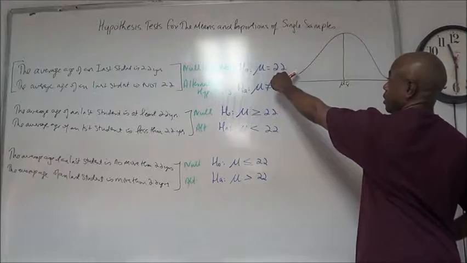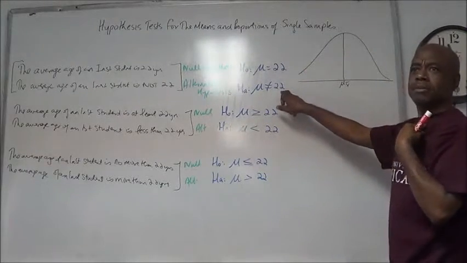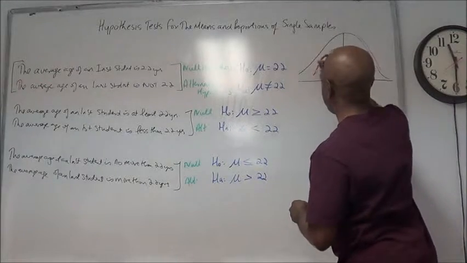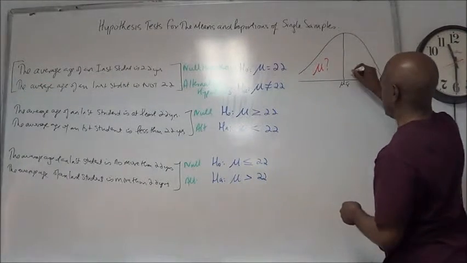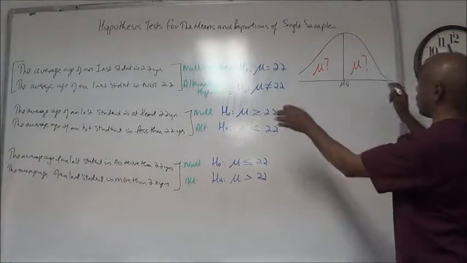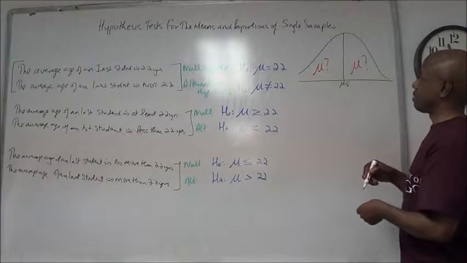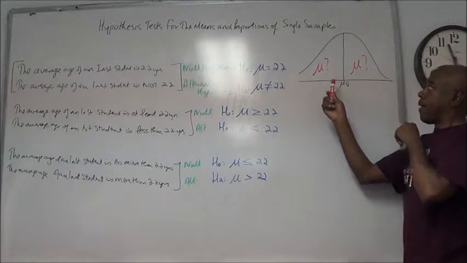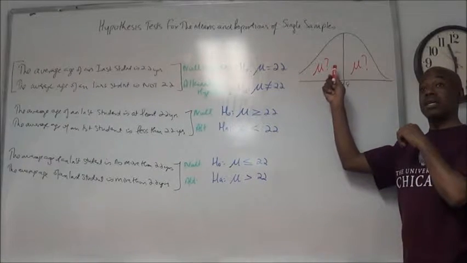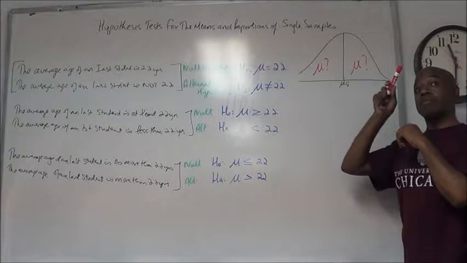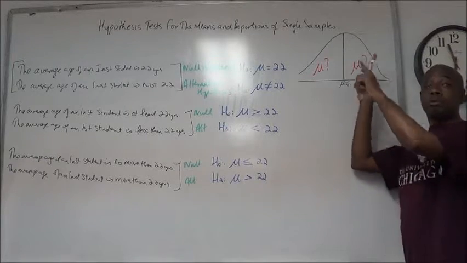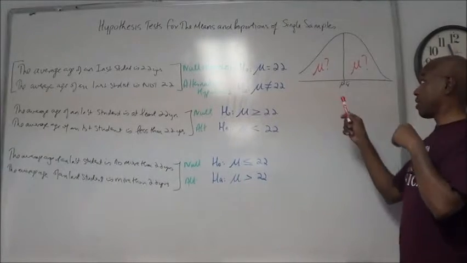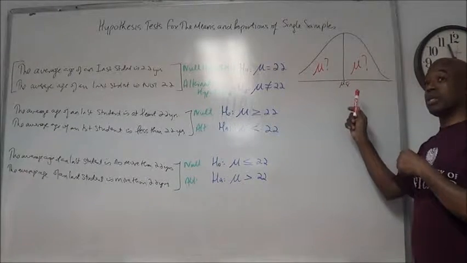He says the mean is 22. We're going to say, well, let's see if the mean is something other than 22. So we're going to look on the left-hand side and say, hey, is the mean here? Or, hey, is the mean here? Is it somewhere other than where he said it is? Because then, the procedure is telling us to look on both sides of the distribution to see if the mean is somewhere other than where he said it was.